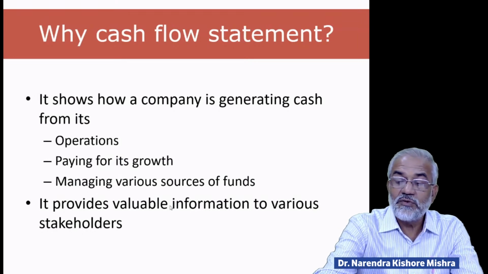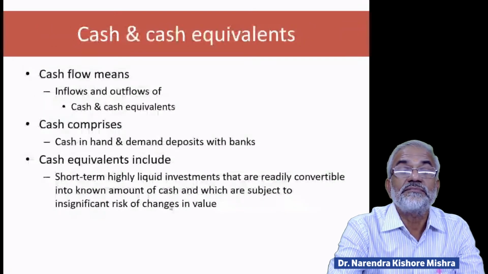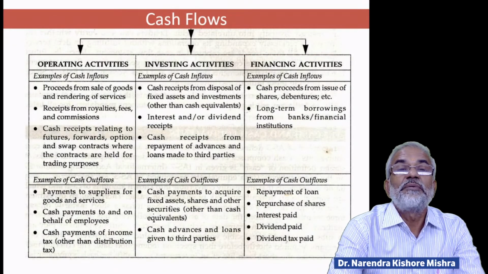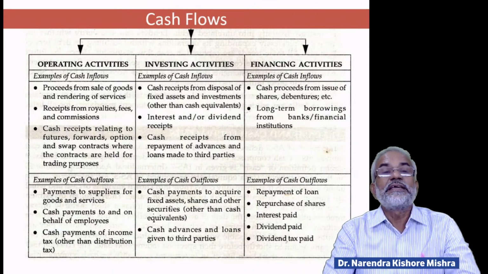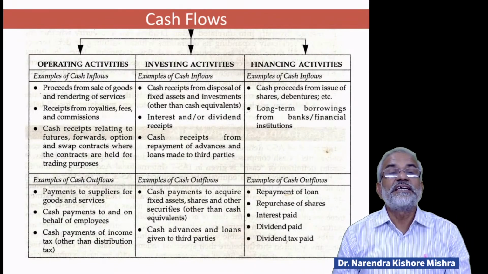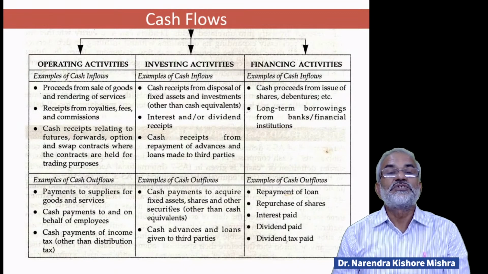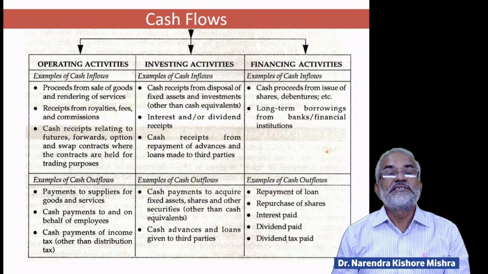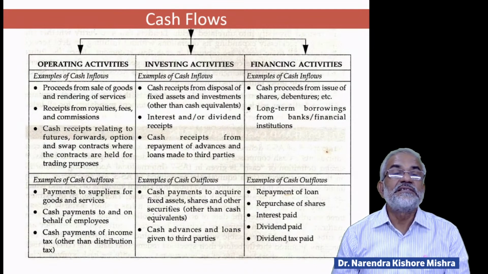In case of the direct method, what happens? Examples of cash inflows from operating activities are proceeds from the sale of goods and the rendering of services, receipts from royalties, fees and commissions, and cash receipts relating to futures, forwards, options and swap contracts, where the contracts are held for trading purposes.